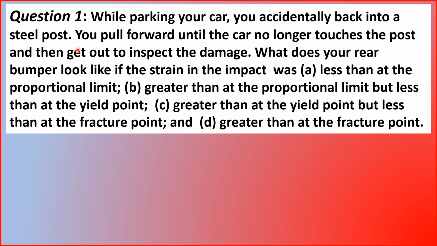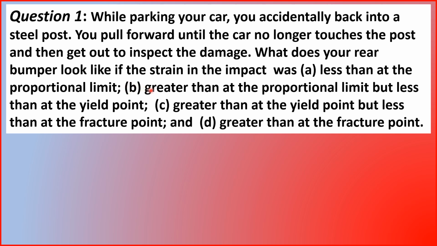Our first question is a conceptual question. While parking your car, you accidentally back into a steel post. You pull forward until the car no longer touches the post and then get out to inspect the damage. What does your rear bumper look like if the strain in the impact was, situation A, less than at the proportional limit?